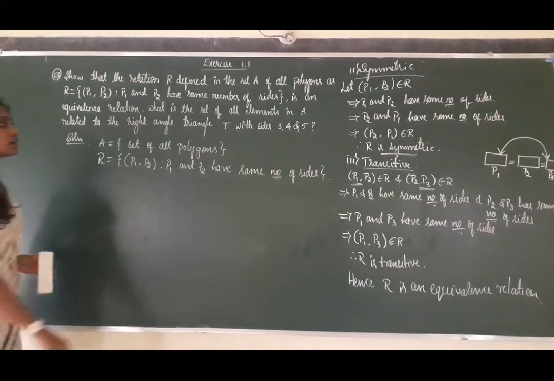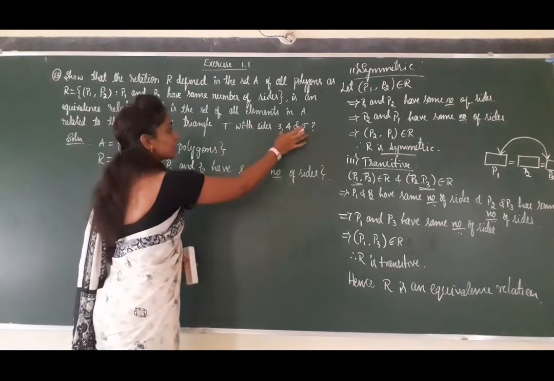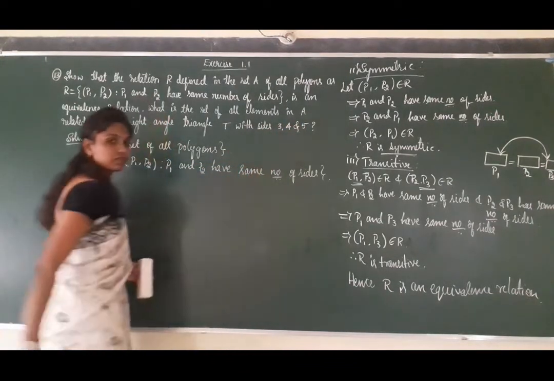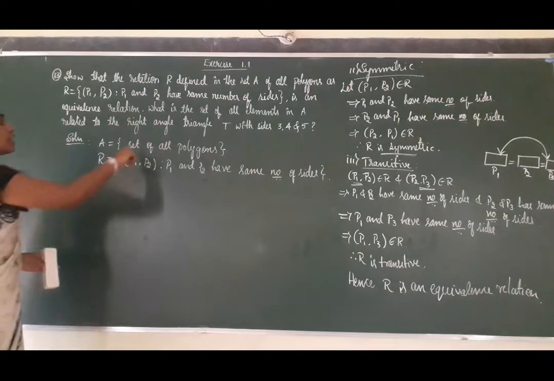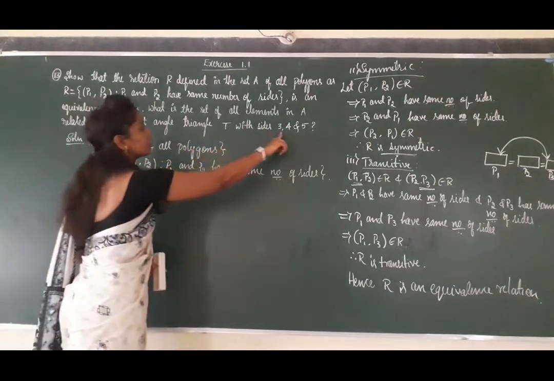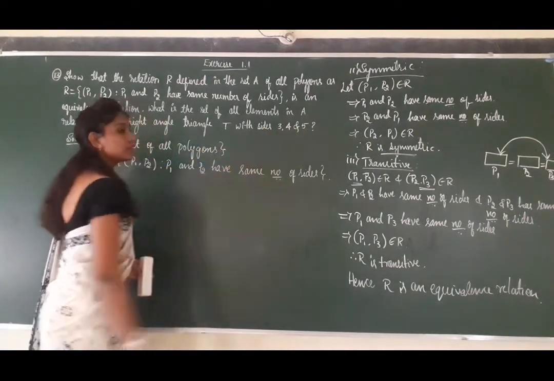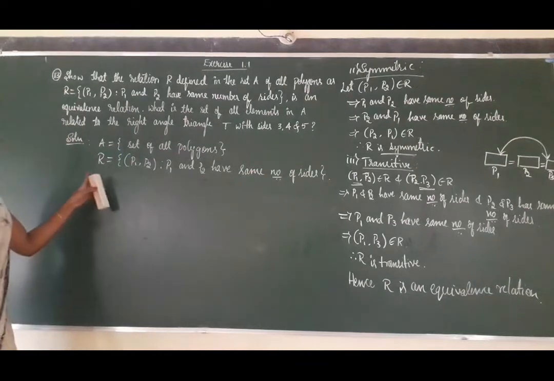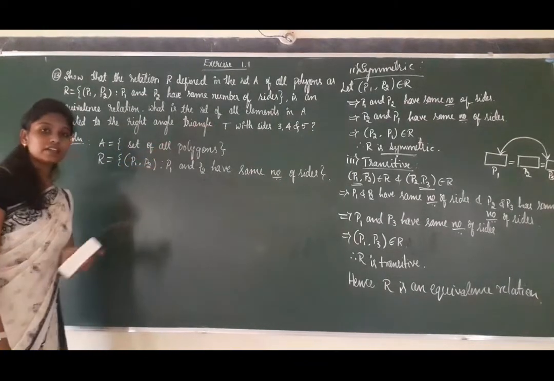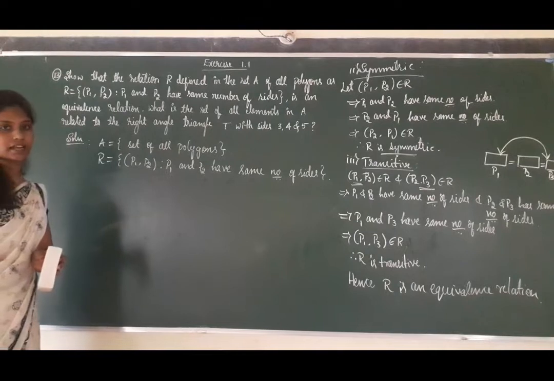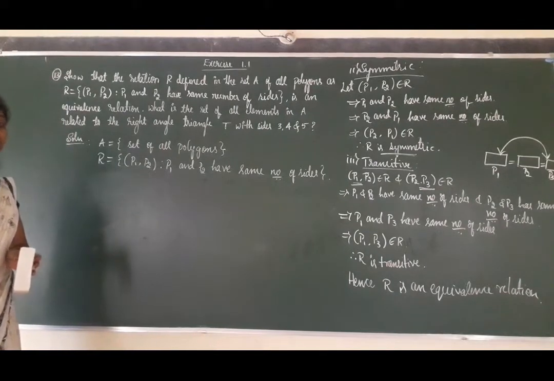What we have here is the sides of the triangle are 3, 4, 5, which means it has 3 sides.